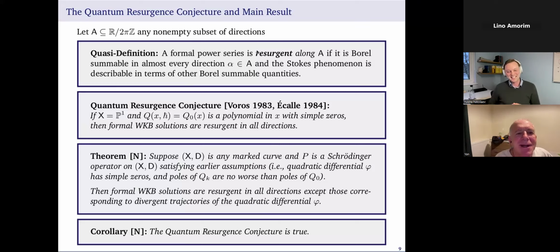Yeah. Right. And I forgot, there was this famous paper by Delabaere, Dillinger, and Pham about this resurgence, something at the beginning of the 90s. What did they prove? Right.